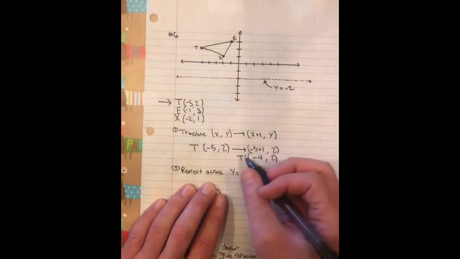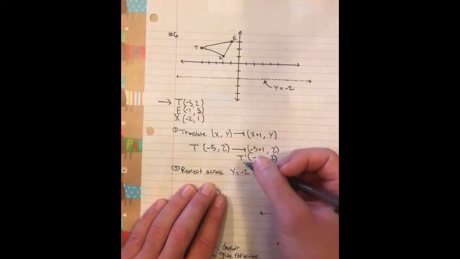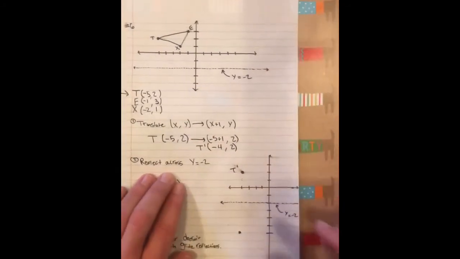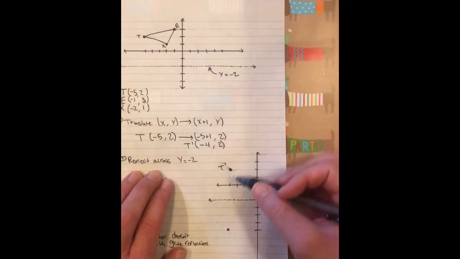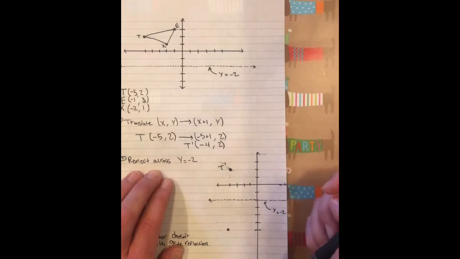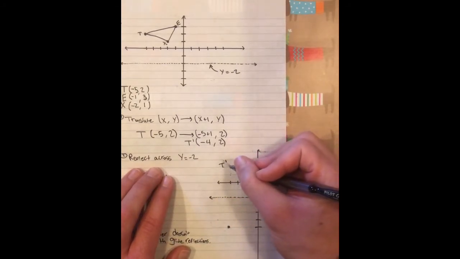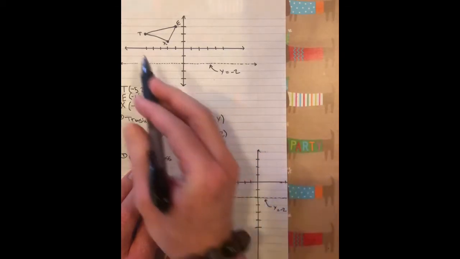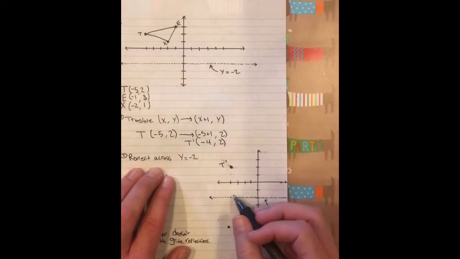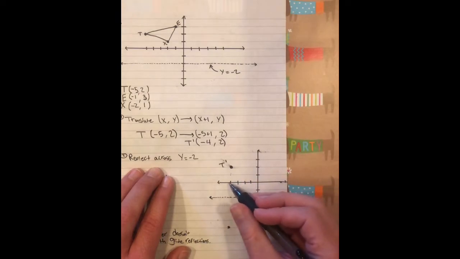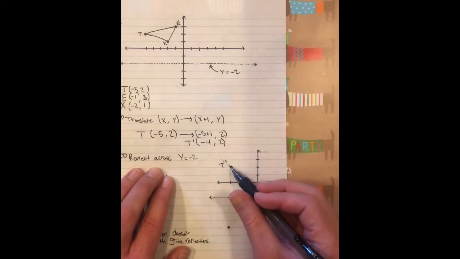Now we need to take this point and reflect it. I went ahead and drew more perfect lines. See, I didn't have to say beautiful. Perfectly straight lines. And I drew out T prime after we've moved it over. It is currently at the coordinates -4, 2.